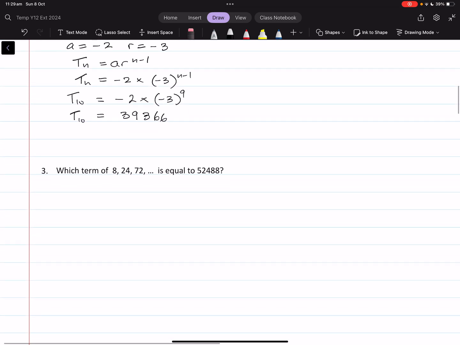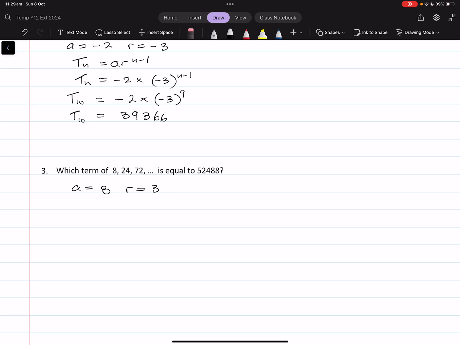Next example. Which term of this sequence, 8, 24, 72, etc., is equal to 52,488? Okay, so identify your first term. Your first term is 8. Your common ratio is going to be 24 divided by 8. So 24 divided by 8 is 3. In other words, you're multiplying by 3 each time to get to the next term.